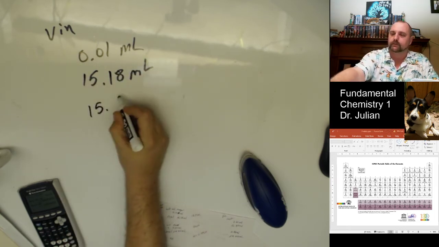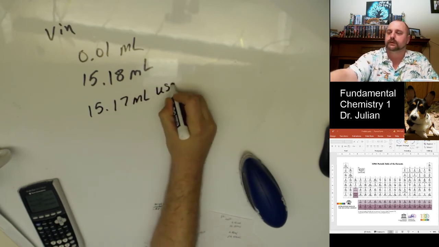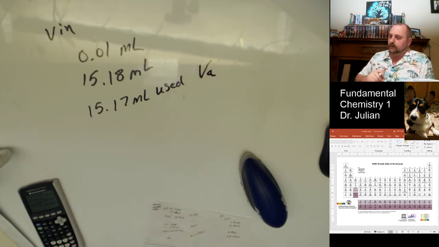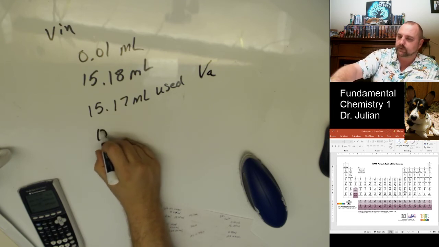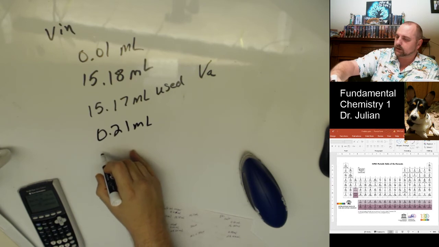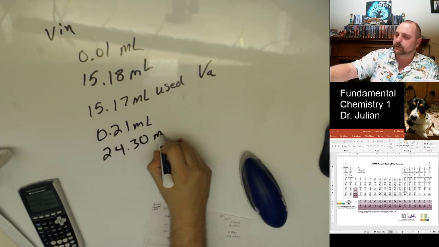It'd be 15.17 milliliters used. This is volume of our acid, VA. The sodium hydroxide started at 0.21 milliliters and ended up at 24.30 milliliters.